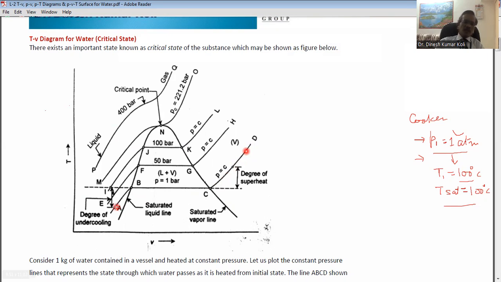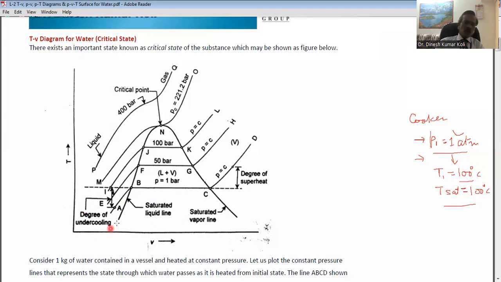Now, because we started from point A, from point A up to the saturation temperature, this is shown by this line. This temperature difference, shown by this arrow, is called the degree of undercooling.